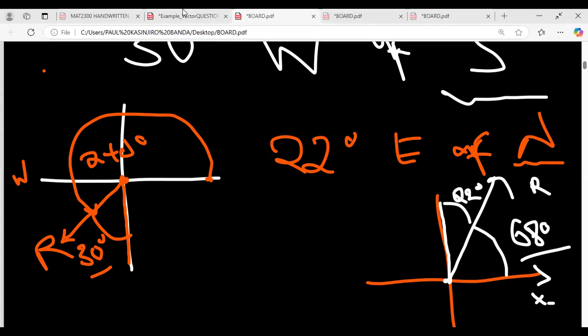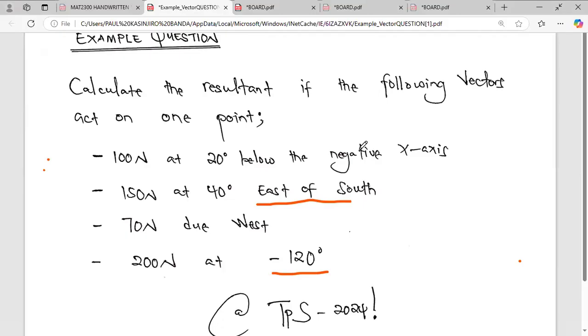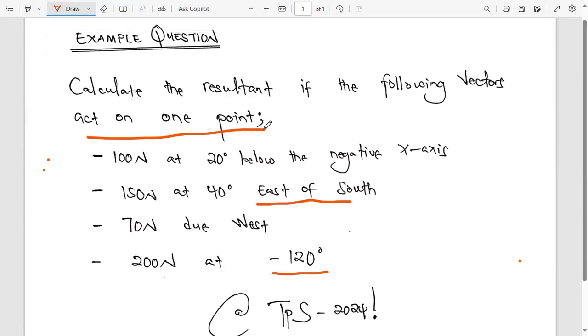Okay, so let's look at the question. They're saying calculate the resultant vector if the following vectors act on one point. We have been given 4 vectors here. One of them is 100 newtons at 20 degrees below the negative x-axis.